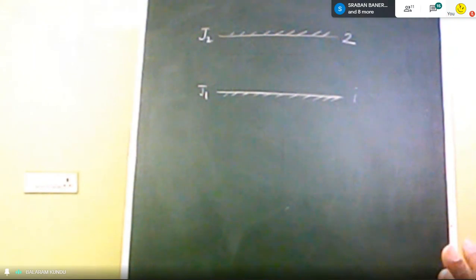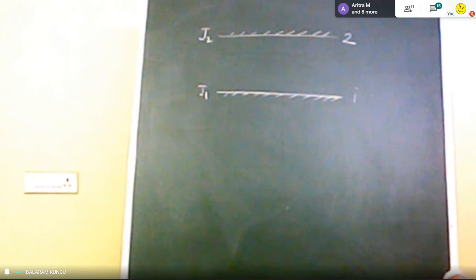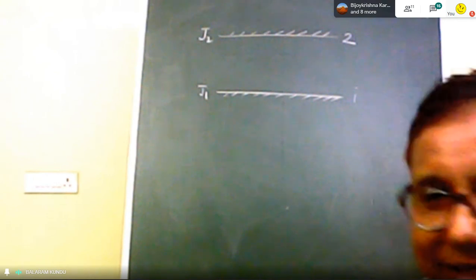Physically, J1 means the total radiation flux leaving surface 1. And J2 is the total radiation flux leaving surface 2.